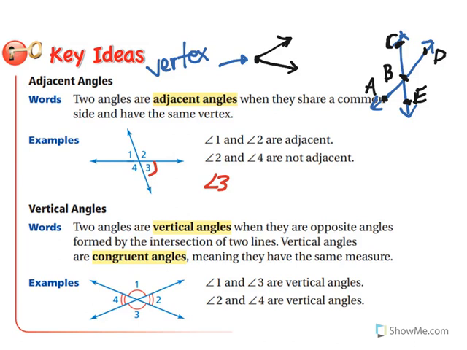What is an angle that is adjacent to it? With angle 3, it has 2 sides. That means an angle on either side could be the adjacent angle. For example, let's say this angle right here. Well, this side right here is a common side, and so we know that angle 4 and angle 3 are adjacent.